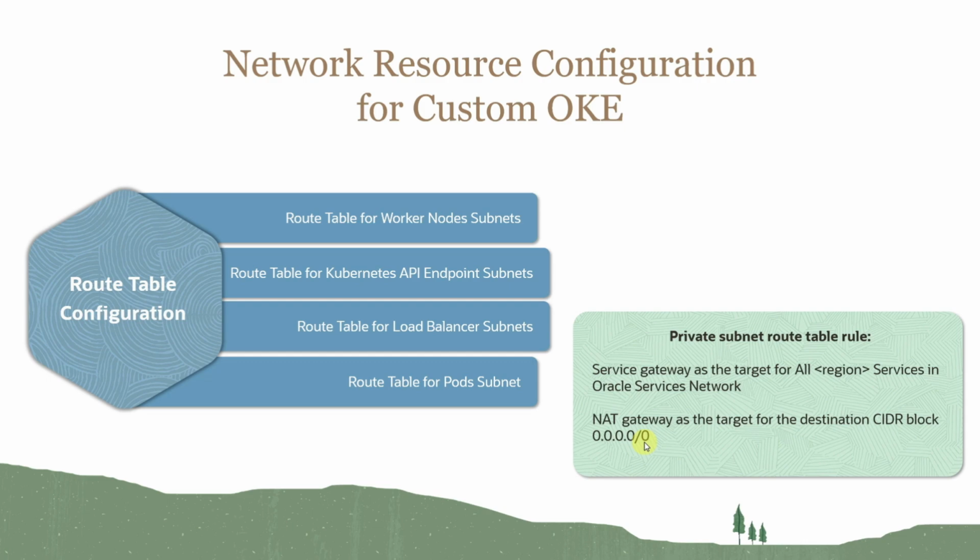So you don't have to configure anything for the public subnet. You must configure the service gateway as target for all region services in Oracle Service Network and the NAT gateway as the target for destination CIDR block 0.0.0.0/0. These configurations ensure proper routing within your custom OKE cluster.